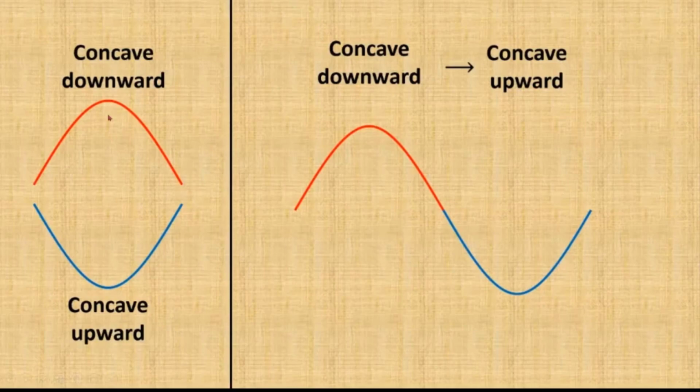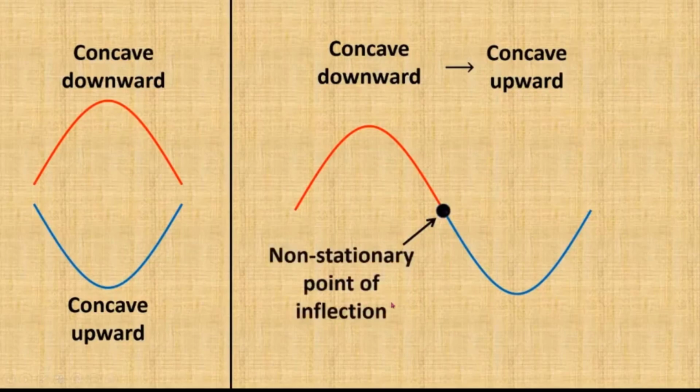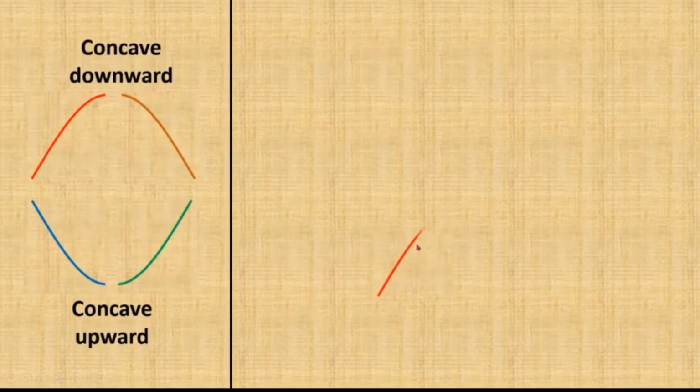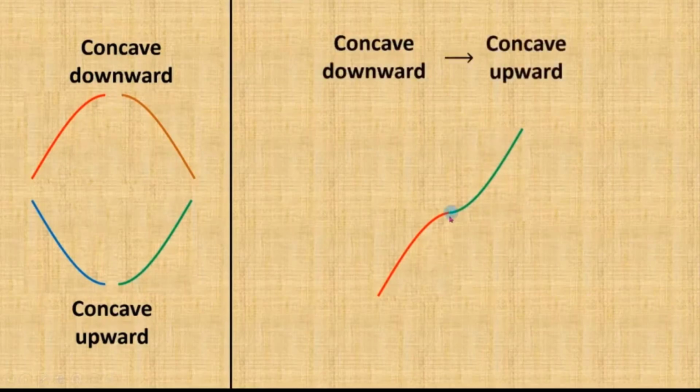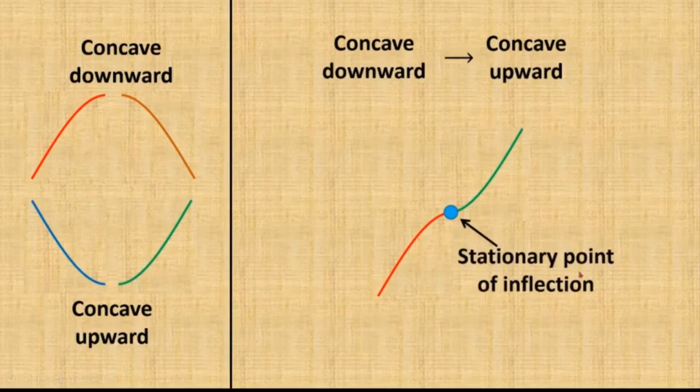This is not stationary, this is stationary, okay? So the connection is at this one, that's why you call it a non-stationary inflection point. Whereas this one, the connection is here, the stationary point. So this kind of inflection is also an inflection, but it is a stationary inflection point. Inflection points come in two kinds: one is stationary, one is non-stationary.